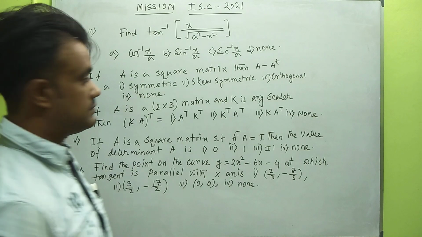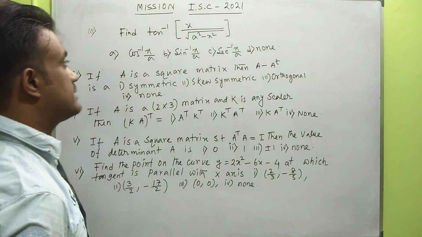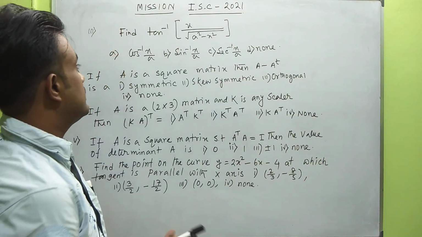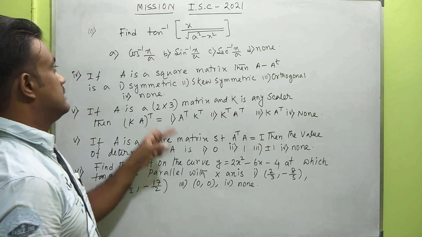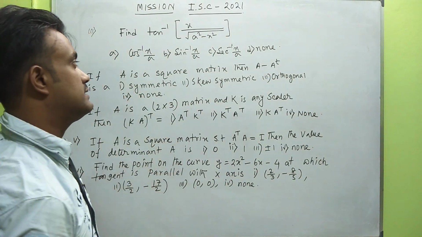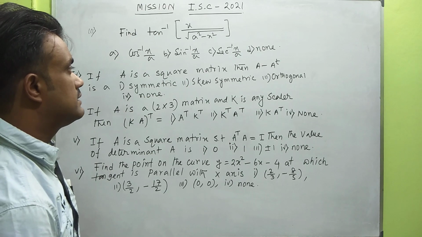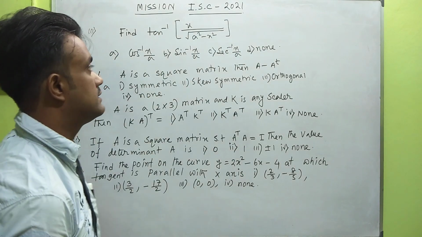Now in the third sum, that is tan inverse x by root over a square minus x square. There are 4 options: cos inverse x by a, sin inverse x by a, sec inverse x by a, and none.